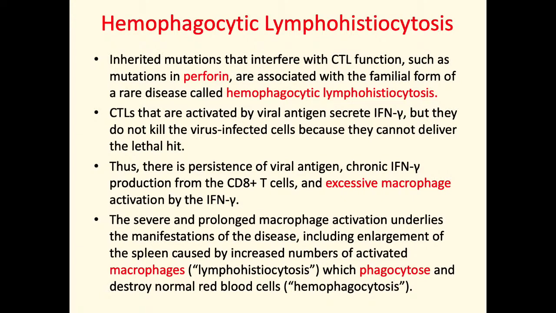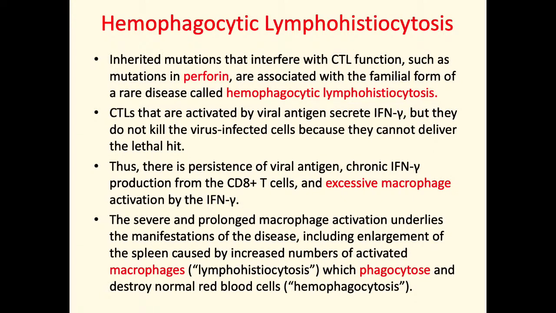Mostly there are many causes of this HLH, shortly, this disorder, and one of the main reasons in congenital forms is a defective perforin, and this mutation leads to overactivation of T cells.